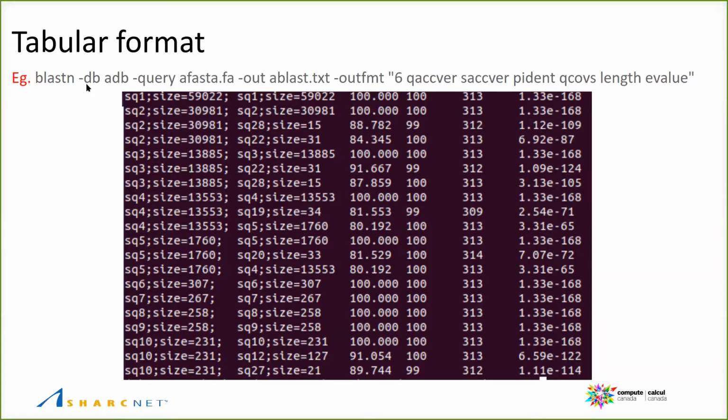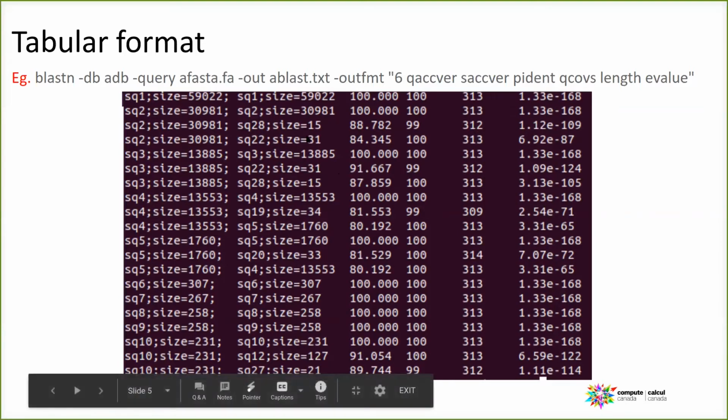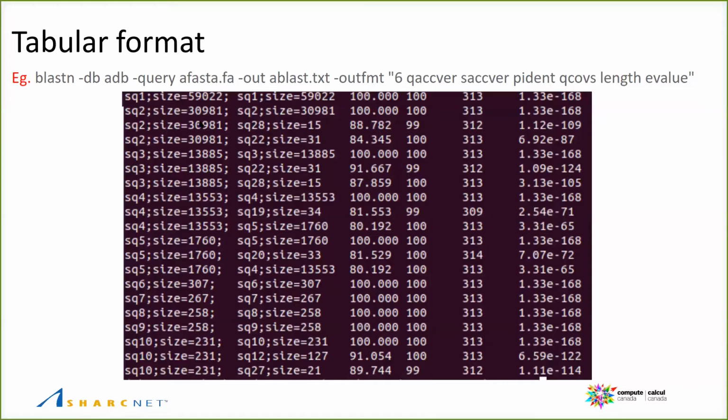In this case, it's BLASTN, so it's just comparing nucleotides against nucleotides, and with this format, the first column is going to be the accession number, the name of the query that you're seeing, then the name of the subject, or what is in the database. In here, you can see that oftentimes it's both the same. It's just because I created a small database with the same file, to be able to do it faster.